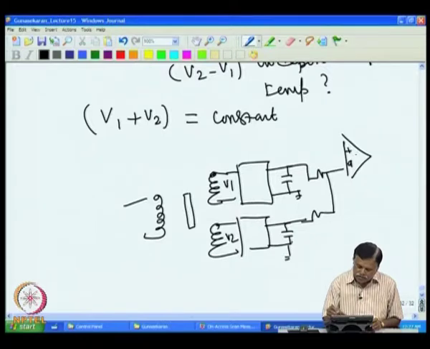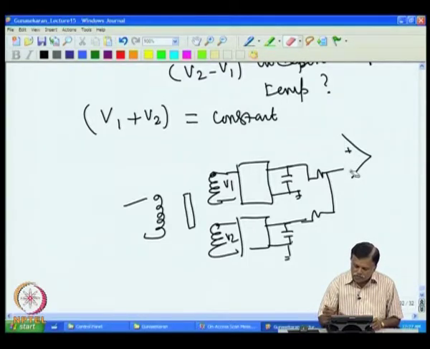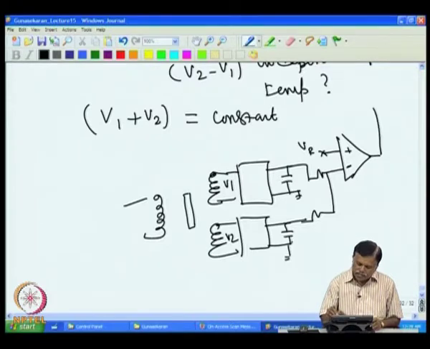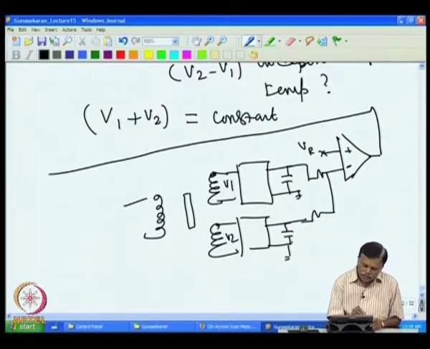For example, this is supposed to be minus, you have minus. So this I compare with the reference voltage. So this I give to V reference, a fixed voltage. This output I connect to the oscillator.